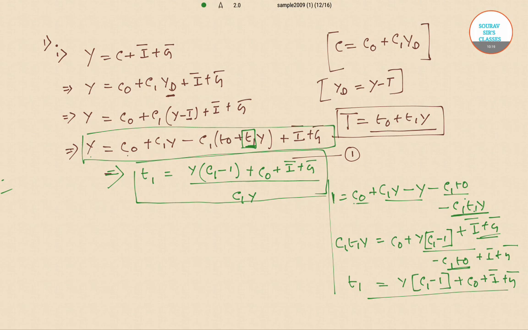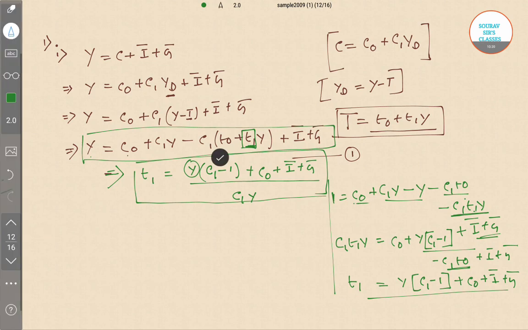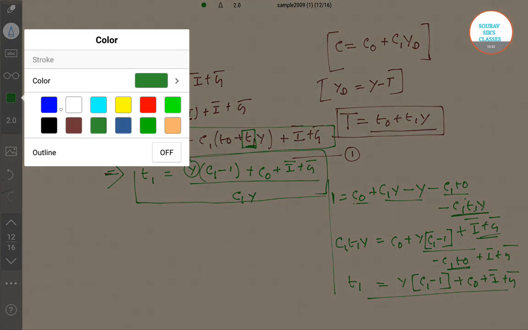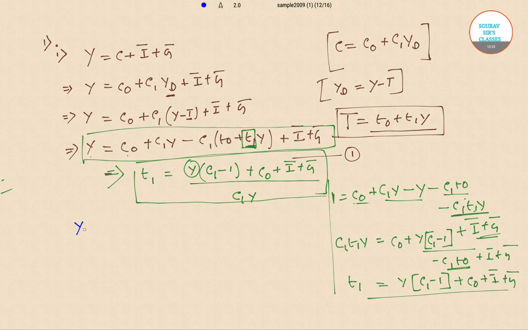So from here what is our take is that at this level we know capital Y is greater than 0.